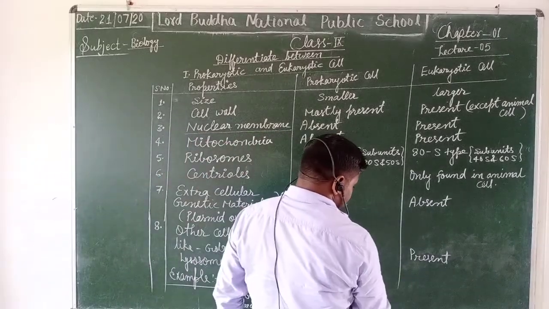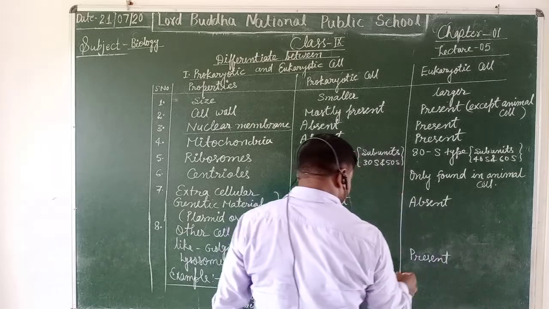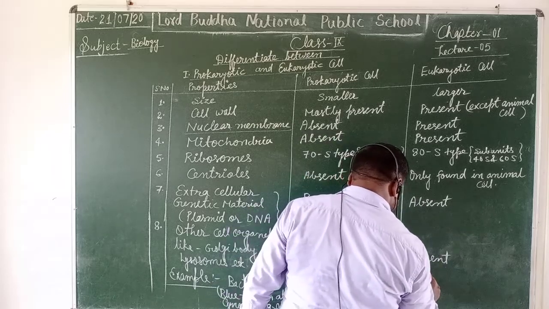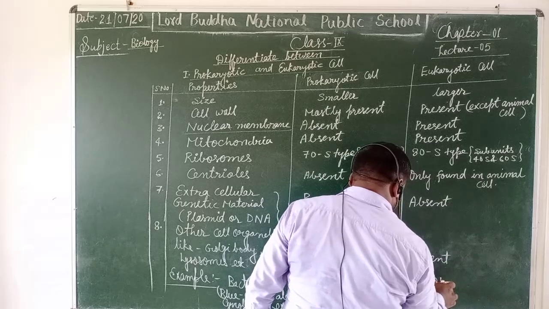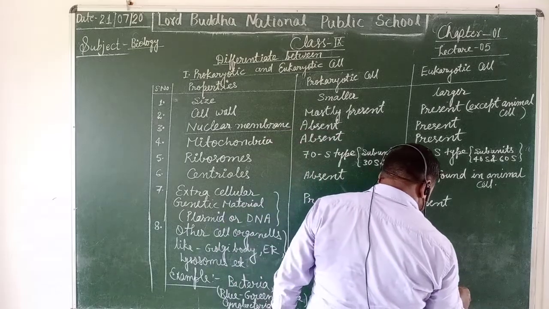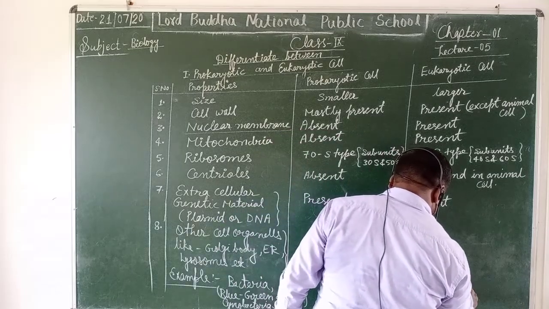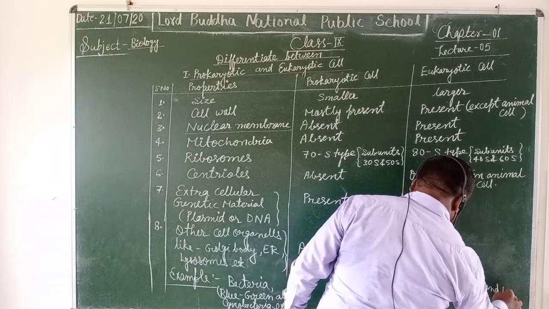Likewise, if we are discussing about the example of a eukaryotic cell, then all the higher plants and animals bodies consist of eukaryotic cell.